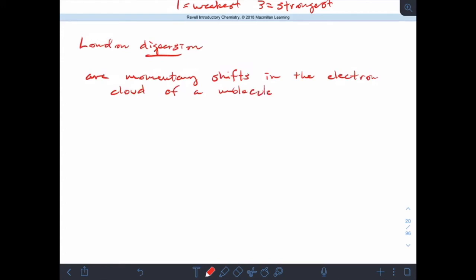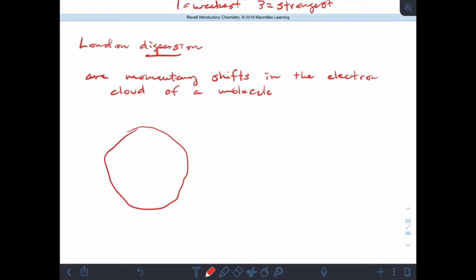Okay? So what does that mean? So far we've been talking about molecules in terms of very rigid shapes, right? The reality is that most molecules have a cloud of electrons around them. Okay, and in the center you have the nuclei of the molecule.